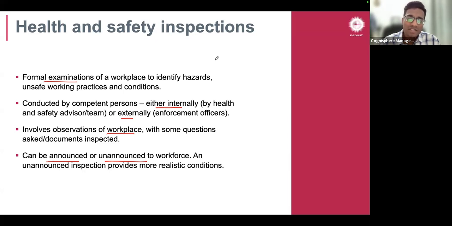So unannounced inspections will tell you what are the real conditions or real standards that are being followed. An unannounced inspection provides more realistic conditions. Okay, it gives you an actual representation of how health and safety is managed in the workplace.